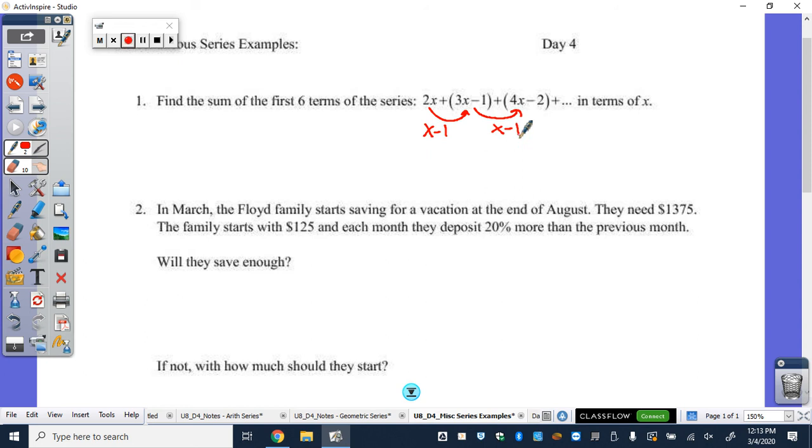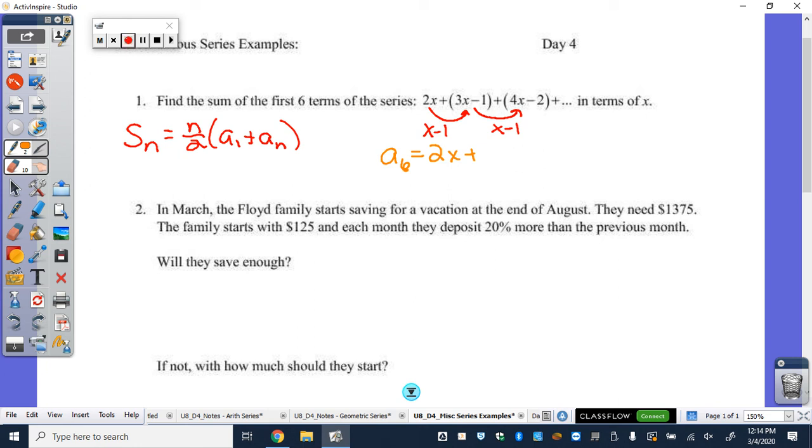So since we know it's arithmetic, our formula to find the sum, again, is this one: S sub n equals n divided by 2 times first term plus last term. So we have to figure out what our last term is. Again, using our other arithmetic formula to figure that out.